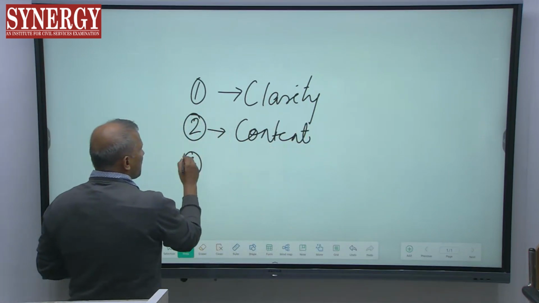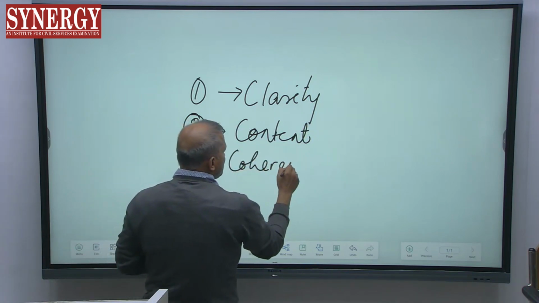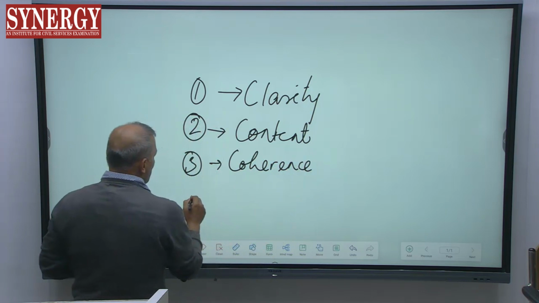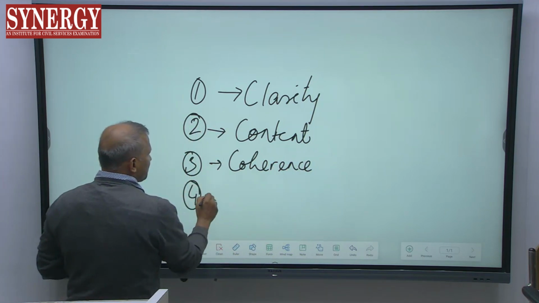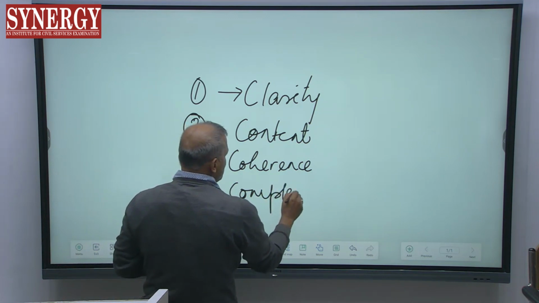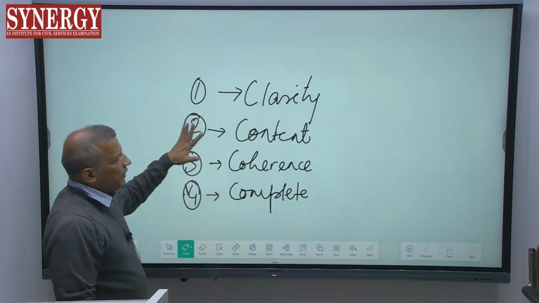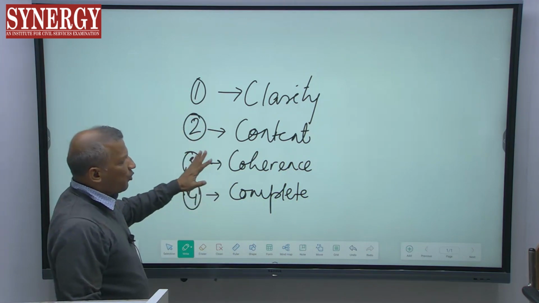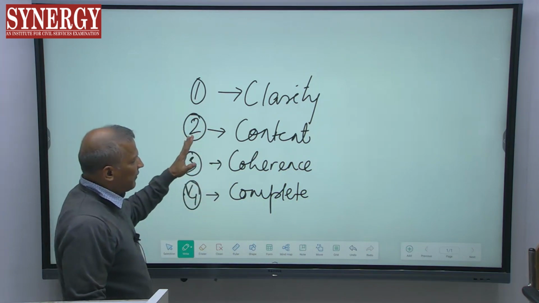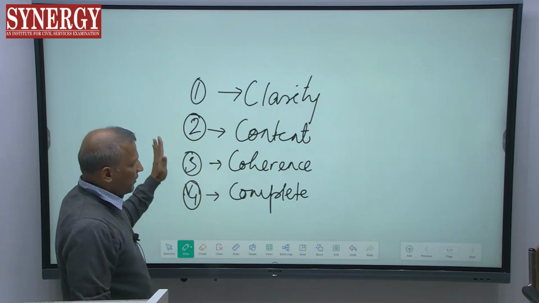The third is coherence. And fourth is complete. These are the 4 important elements of a good answer writing. That's what I believe. When you're writing your answer, you should keep in mind all these 4 aspects.